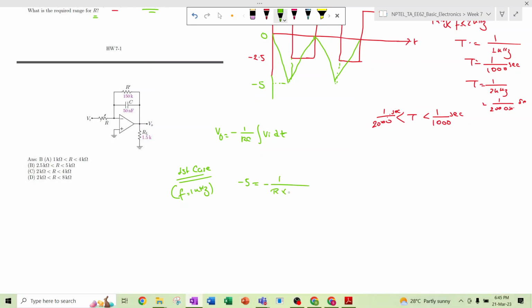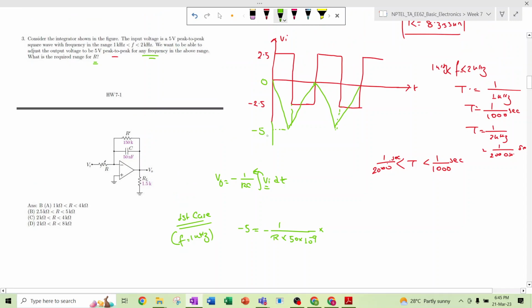R we need to determine, C is 50 nanofarad, that is 50 into 10 to the power minus 9, into vi. It is a square wave, so vi is constant, 2.5 for this period, which is T by 2, so it will be 2.5 into T by 2.